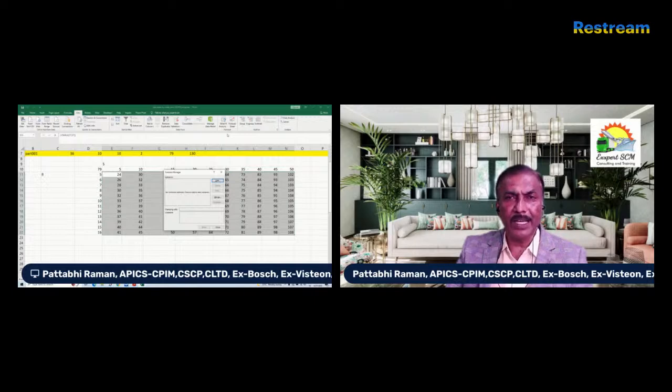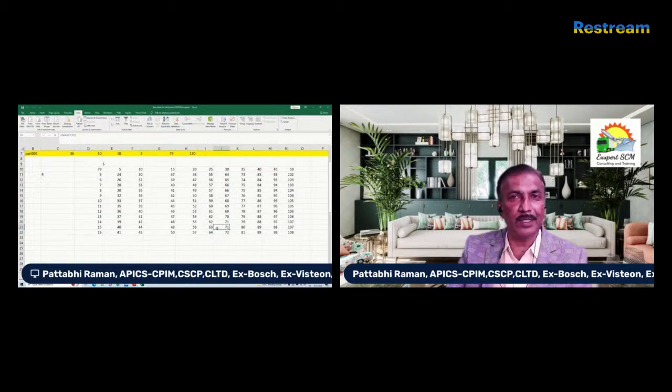That we are not going to do here, but I just wanted to give an idea for people who are in supply chain. You can become smart even by exploiting the tools available in Excel. Same way, there are a lot of things available as standard as well as optional tools.